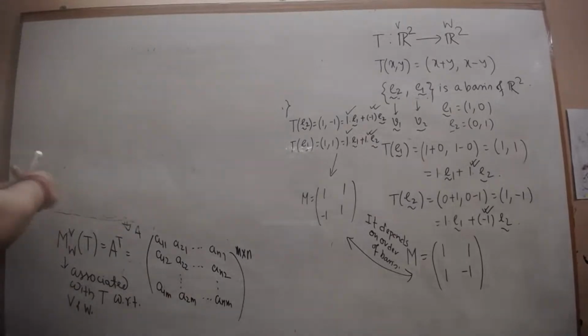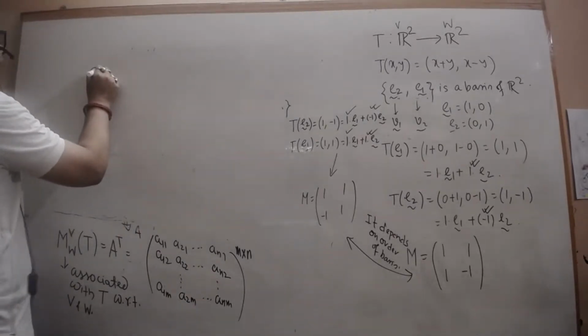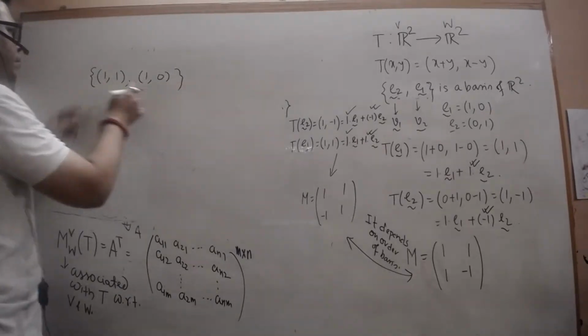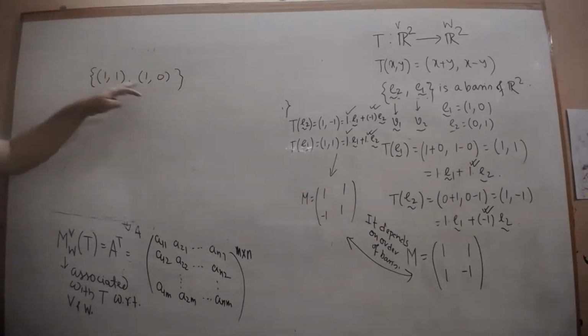Suppose instead of the canonical basis, I take (1, 1) and (1, 0). You can check that this is independent. Since the dimension of R squared is 2, the number of vectors in a basis should be 2, and this gives a basis of R squared.